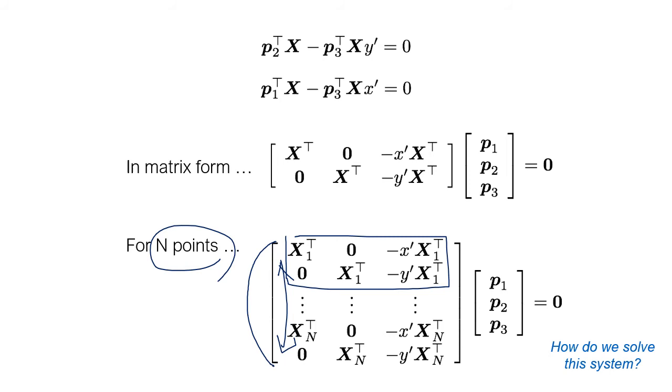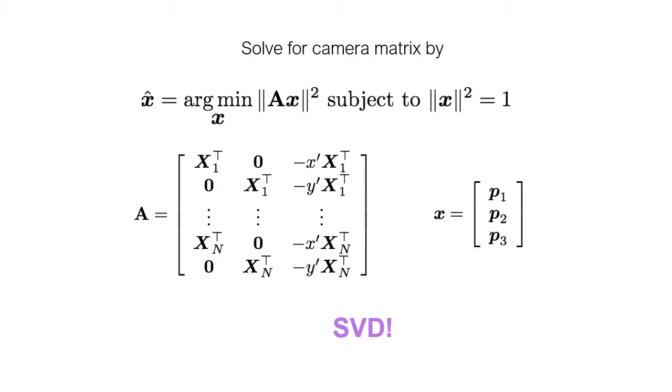When you have at least 6 correspondences between 3D and 2D points, we can estimate the elements of the P matrix. So how do we usually solve this system? We use SVD, singular value decomposition. Maybe you can learn this in linear algebra.